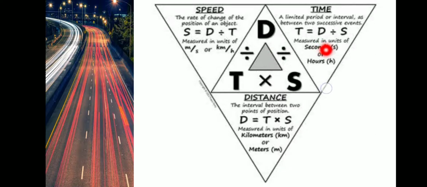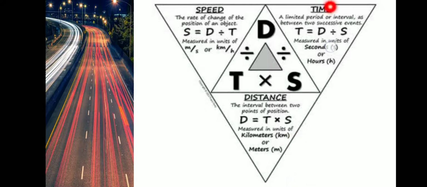Now, what do we mean by distance? Distance is the interval between 2 points of position. Distance is equal to time multiplied by speed, and distance is measured in units of kilometers or meters.